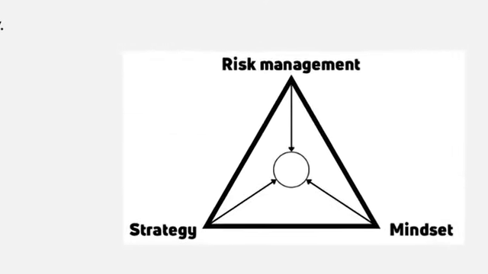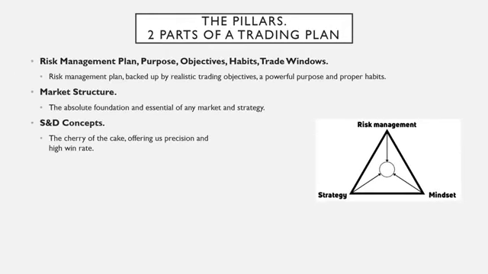There is that kind of triangle. We have risk management, mindset, and strategy. If you are not good at any of those 3 parts, you are going to be pushed around. You can be a great risk manager and have a very good strategy, but if your mindset is bad, if you constantly go FOMO or you're fearful, you're not going to succeed. Or you might have a very solid mindset and the absolute best risk and money management plan, but if your strategy doesn't work, you're still not going to succeed.